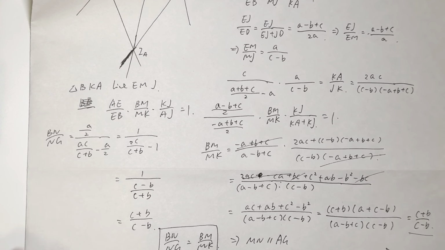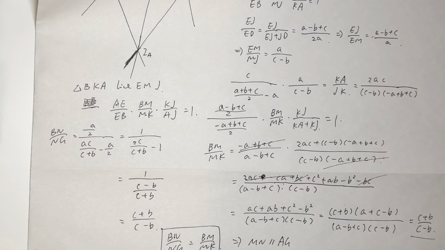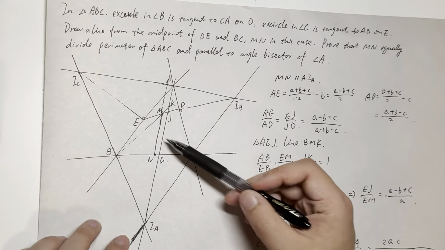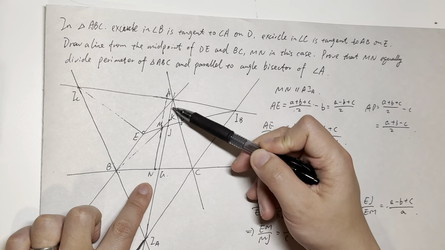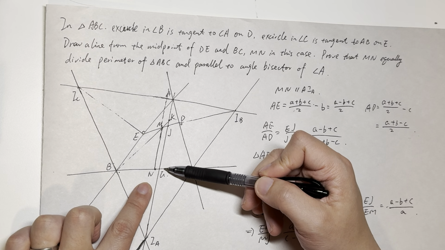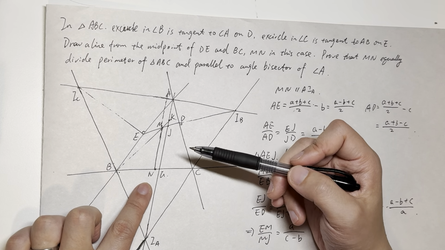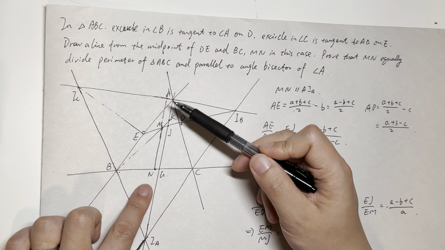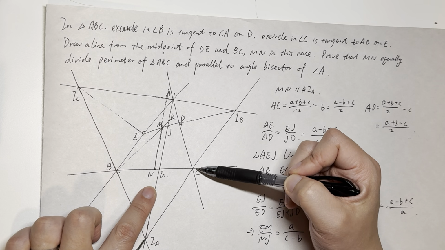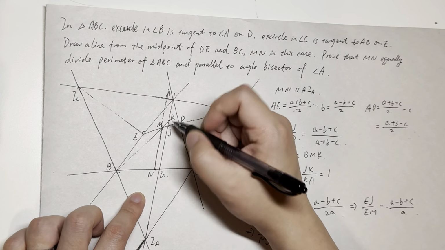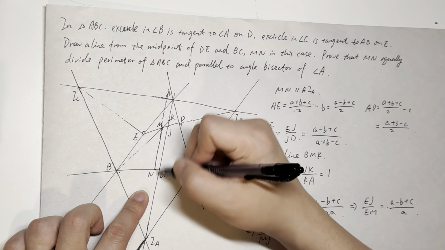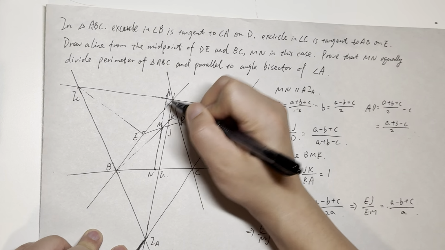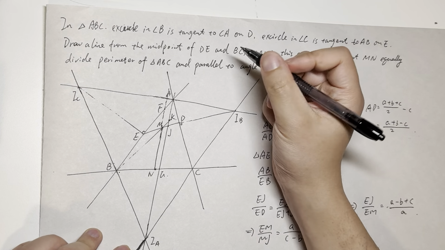AG is an angle bisector. So we just proved that MN is parallel with the angle bisector of angle A. And we want to prove that MN divides the perimeter of triangle ABC equally, right? So for this one, we extend MN to here.